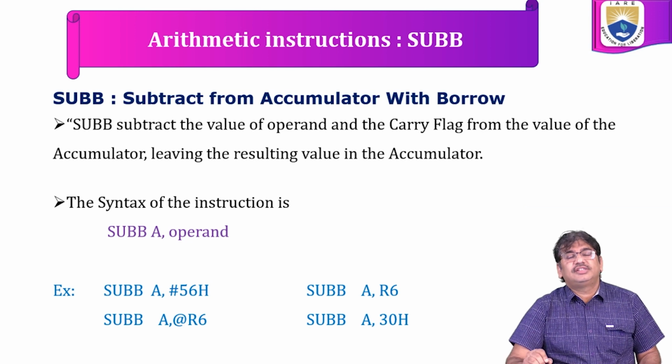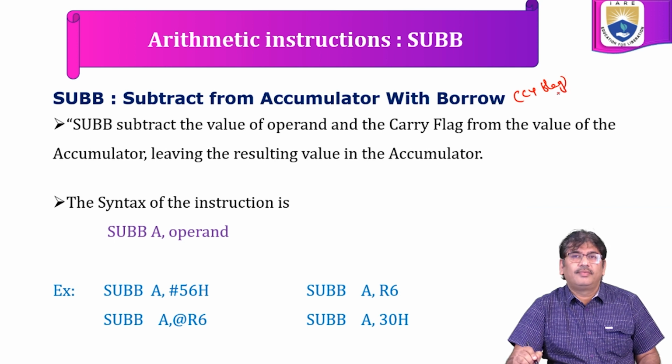The next instruction is SUBB, which is subtract from accumulator with borrow. The borrow will be signified in the carry flag only. SUBB subtracts the value of the operand and the carry flag from the value of the accumulator, leaving the result in the accumulator.